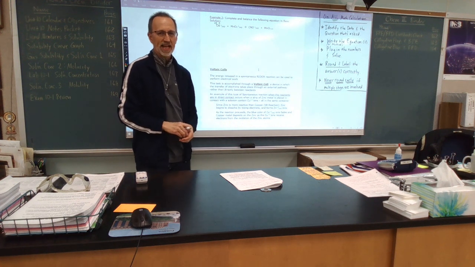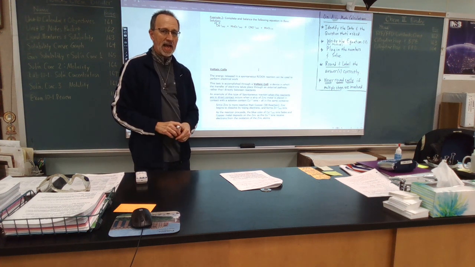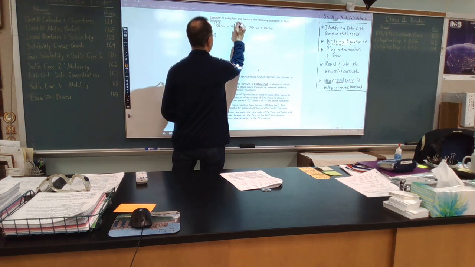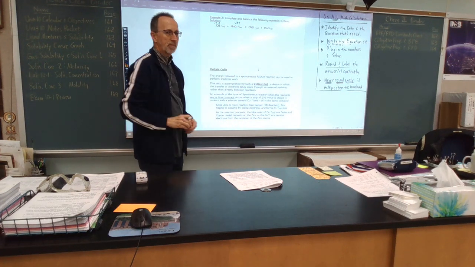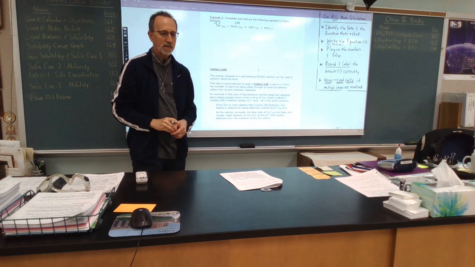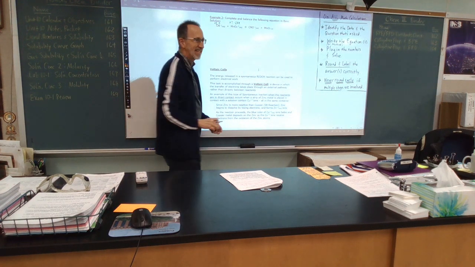Okay, +2 and -3 yields -1. So here's the permanganate ion, MnO4 -1. Of course, O is -2, as it almost always is. There's 4 of those. With the charge on the permanganate ion being -1, then the oxidation number of manganese would have to be +7. Okay.